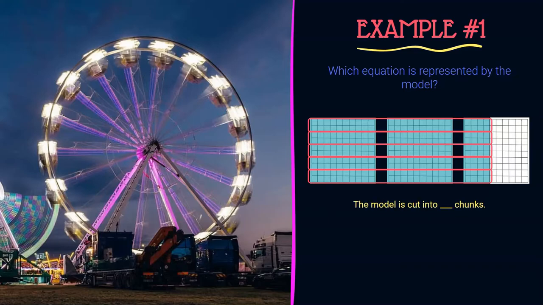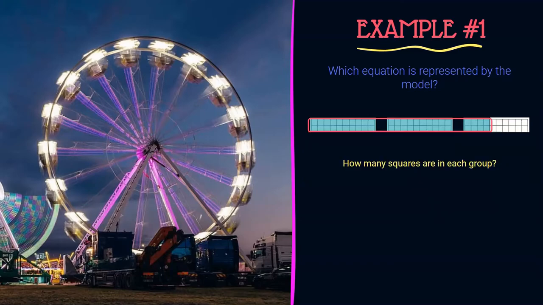So how many chunks is it broken into? It's broken into 5 chunks. That's important. So the first thing I did is I decided how much was shaded, 2 and 40 hundredths. And now I have to decide what they have divided that into, and they've divided it into 5 chunks. So 2 and 40 hundredths divided by 5. That's our problem, but now we have to figure out what that equals.